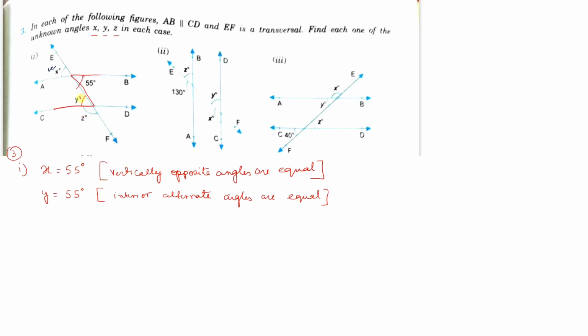Next you have to find z. So y and z are forming linear pair because here it is a straight angle and y and z will sum up to 180 degree. Y plus z equals 180 degree. The reason will be linear pair are supplementary.